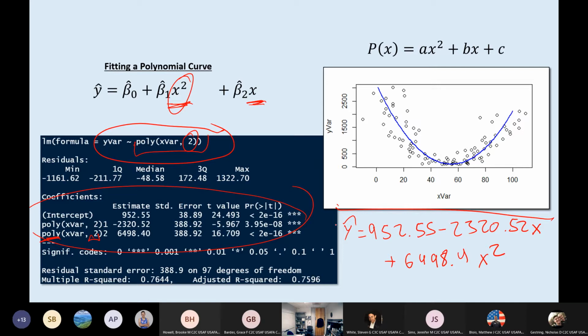And this is the regression equation represented in that output. And then if I asked, hey, what's the predicted y value for an x equals something, you could put in x here and solve it and get an answer. So any question about what the polynomial transformation and fitting is, how we do it in R, and how to interpret that output?